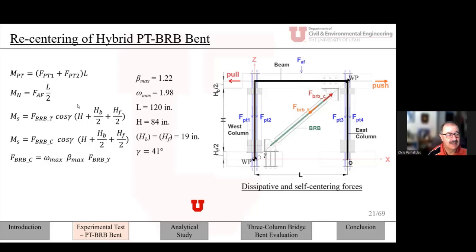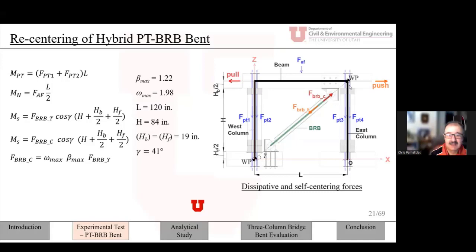Now, when we say the force in the BRB, as I mentioned, we have to account for hardening effects, both due to compression and tension. And these are the numbers that were significant in our test. The span 10 feet, as I mentioned, the height 84 inches, and the height of the beam and the footing 19 inches, and gamma was 41 degrees.